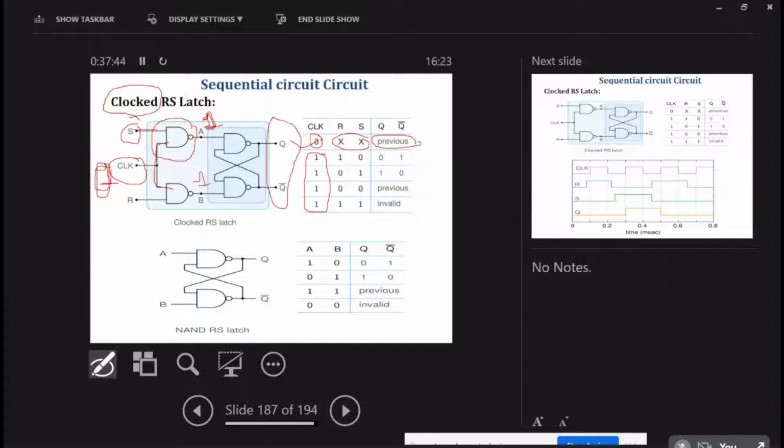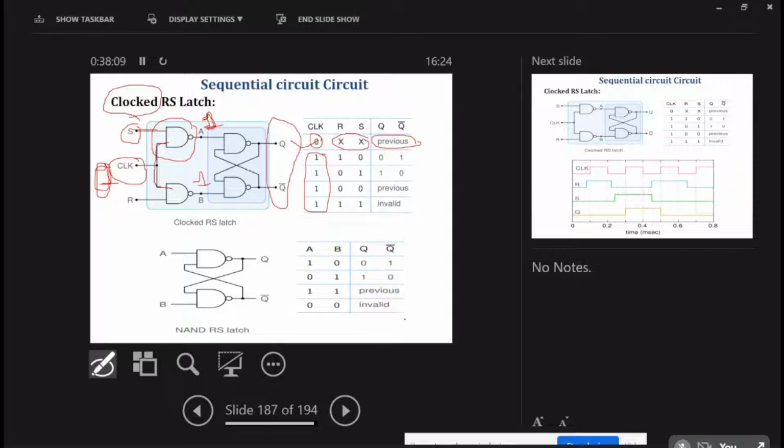Okay, so when clock is 0, that means the clock is disabled here, so it will not change the value, whatever the values of R and S are. It will keep that previous value. Now after enabling the clock, it will change according to the functionality of the RS latch. So this is the simple fundamental principle.